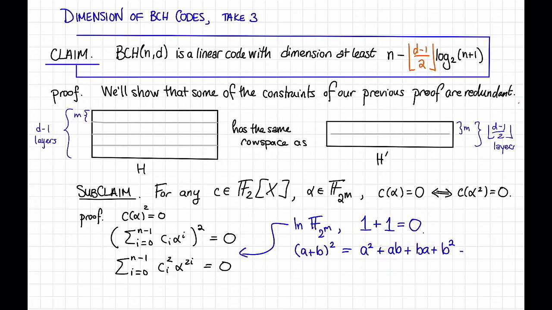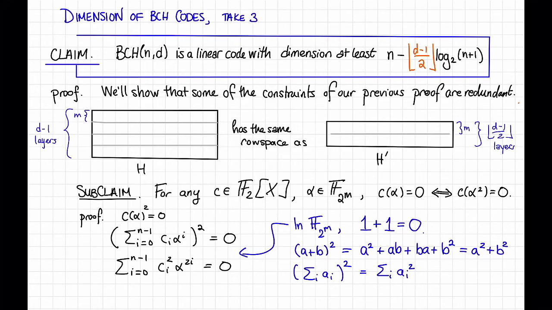So this whole thing is equal to a squared plus b squared. This basic observation generalizes to sums with more than two things, and in general, in fields of characteristic 2, the sum of a bunch of things squared is just equal to the sum of the squares of those things. This fact is sometimes called the freshman's dream, because freshmen often try to do this over the reals, where it is not okay, but it is okay over fields of characteristic 2.